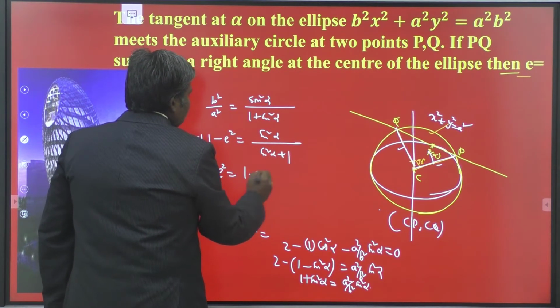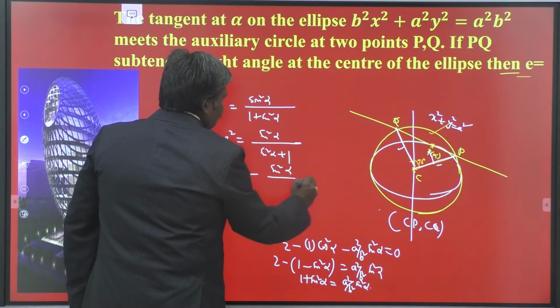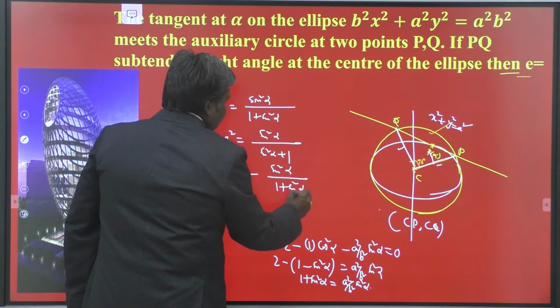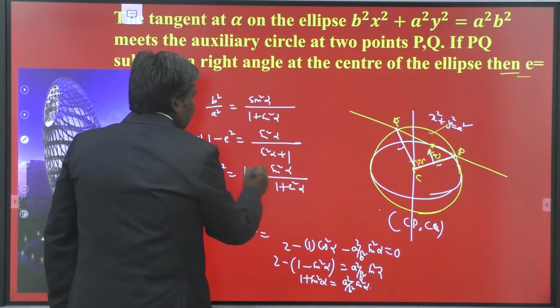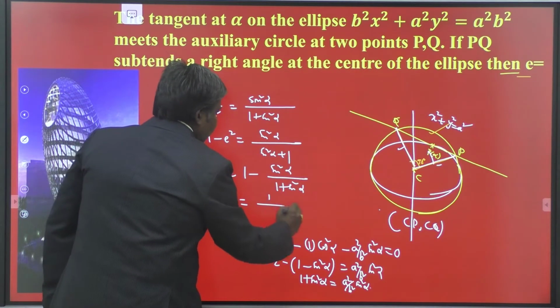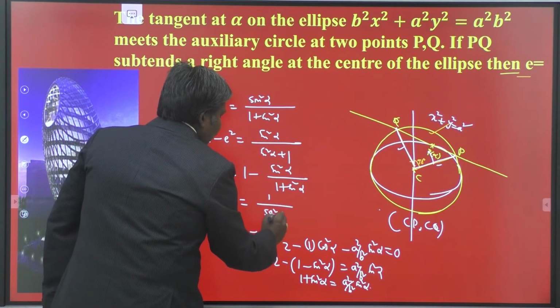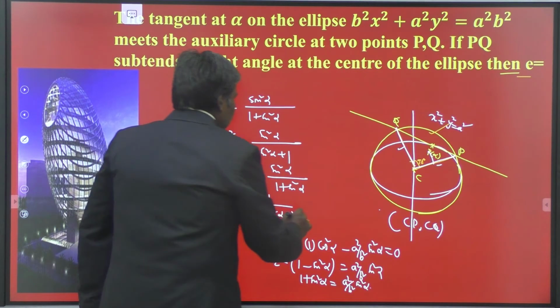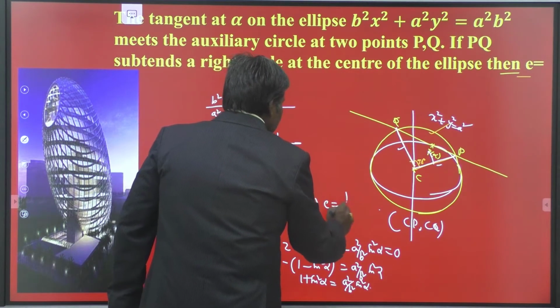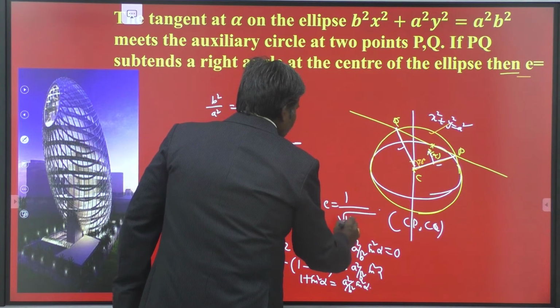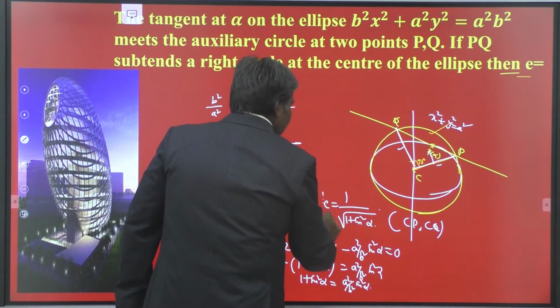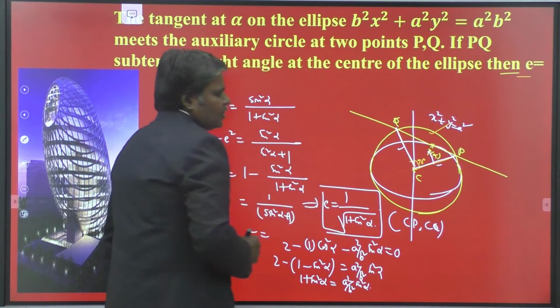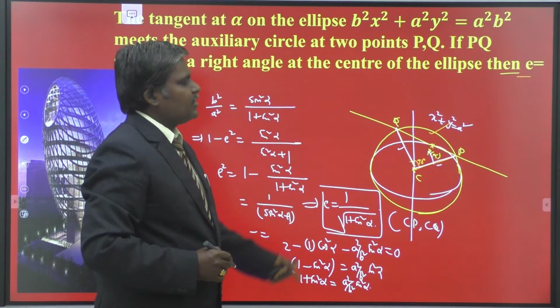So e square is nothing but 1 minus sin square alpha by 1 plus sin square alpha, which is 1 by 1 plus sin square alpha. The game is over. This implies eccentricity e is equal to 1 by root of 1 plus sin square alpha. This is the way to evaluate the eccentricity.